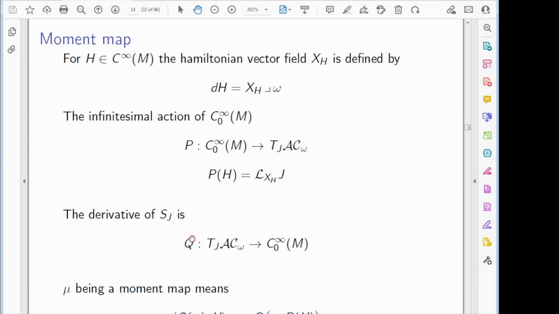And so being a moment map means that the moment map is evaluated on a Hamiltonian function.